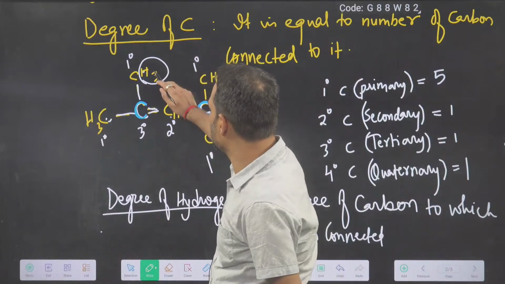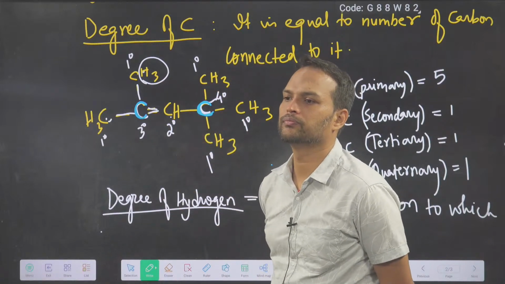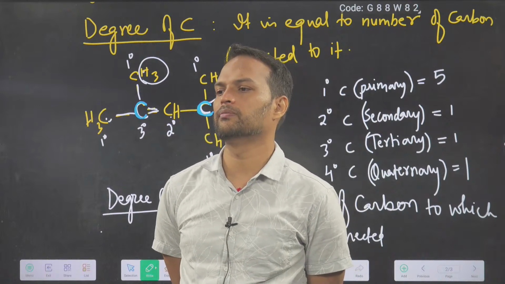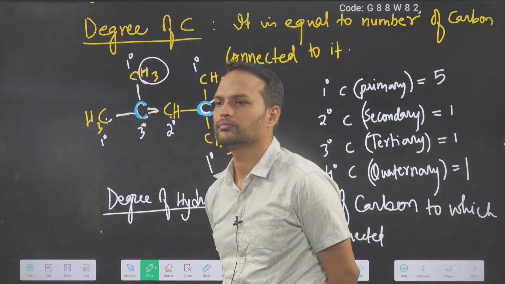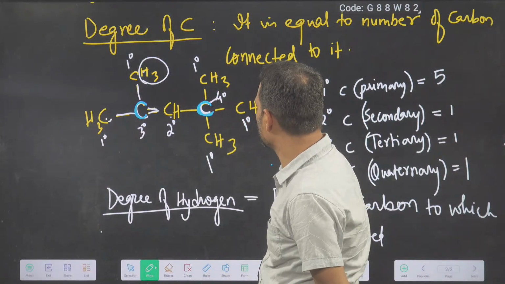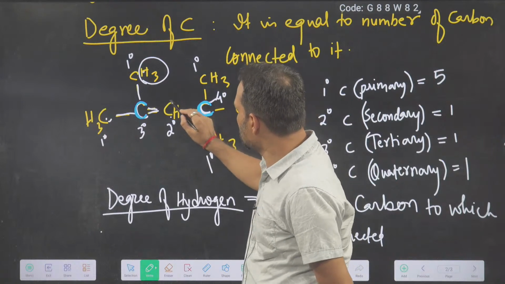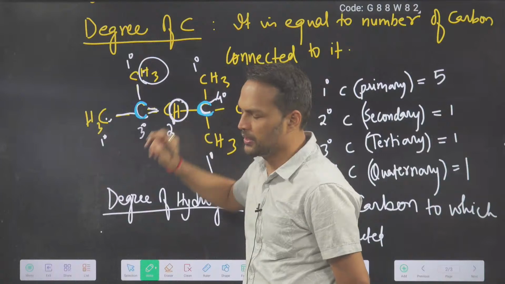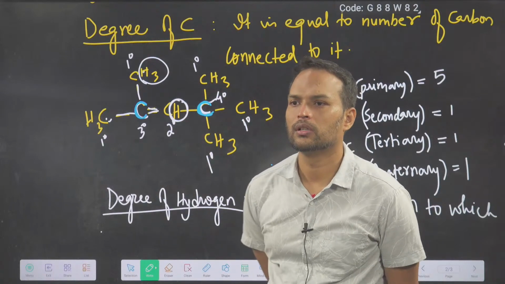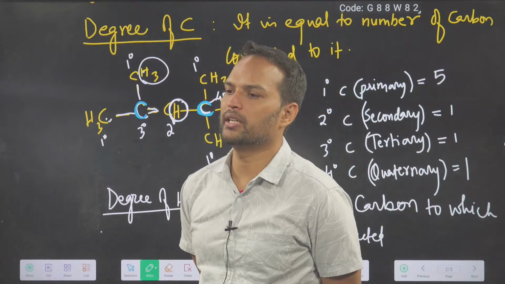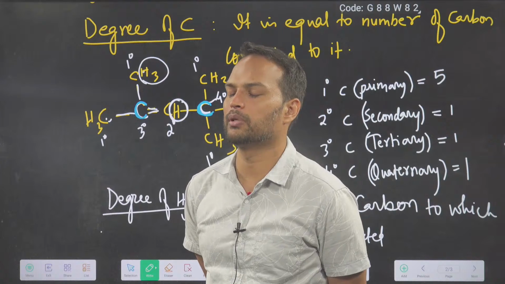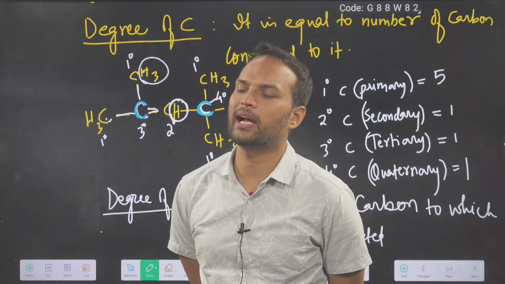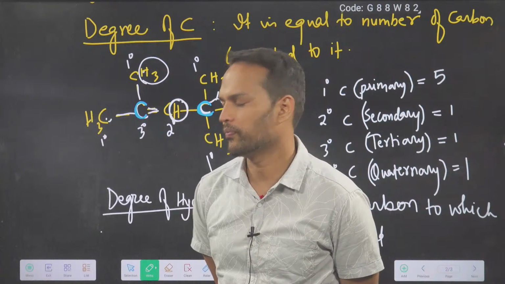So this hydrogen is 1 degree hydrogen. Next, tell me, this hydrogen is connected to which carbon? 2 degree carbon. So that hydrogen is 2 degree hydrogen.